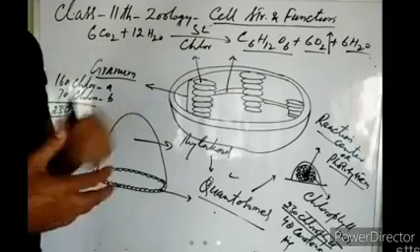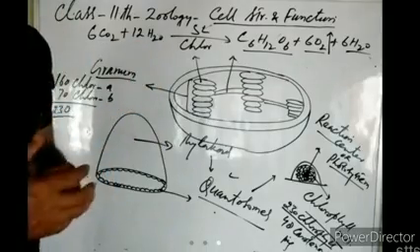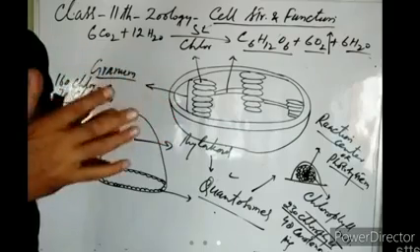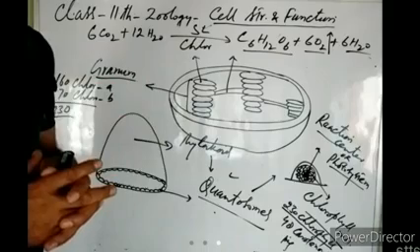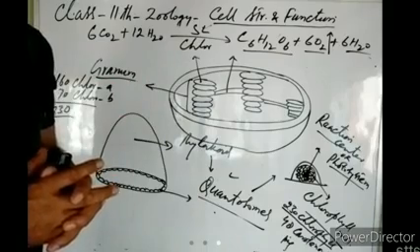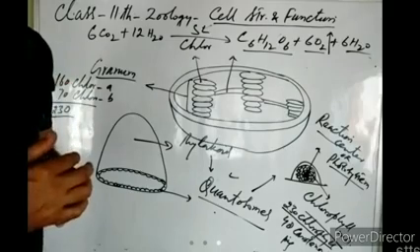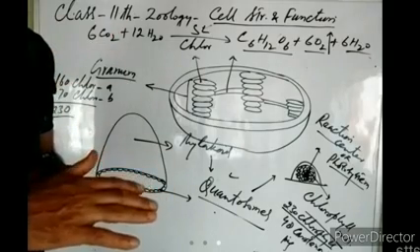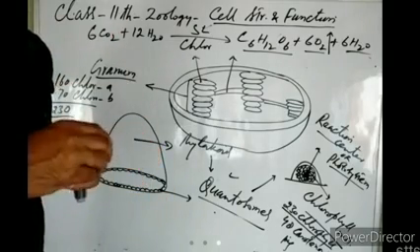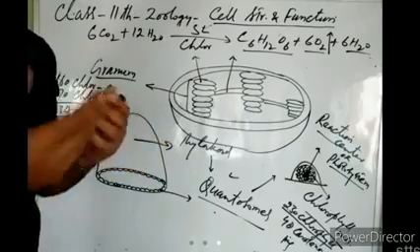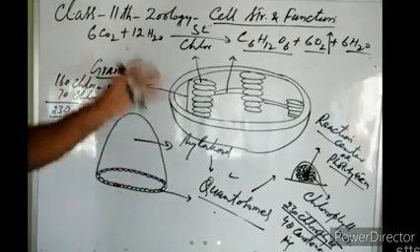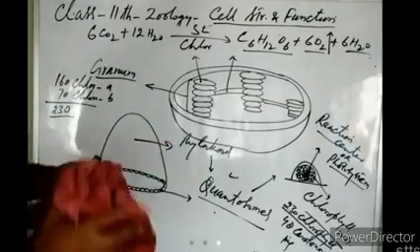So this is the most important function. Number two, they maintain the ratio of carbon dioxide and oxygen in the atmosphere. If we plant more and more green trees, those trees will take up carbon dioxide from the atmosphere, reduce its levels, and in turn add oxygen to the atmosphere, making our atmosphere neat and clean. So that is the function of chloroplasts.